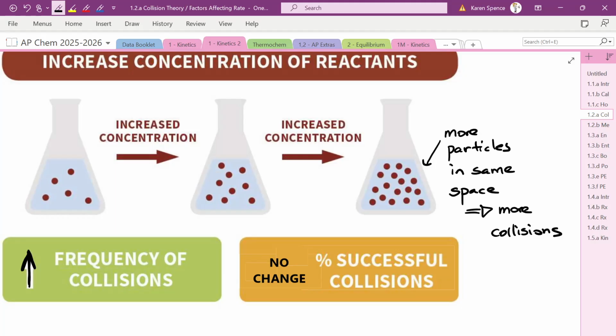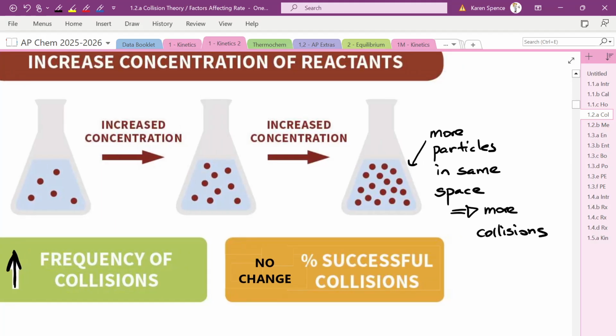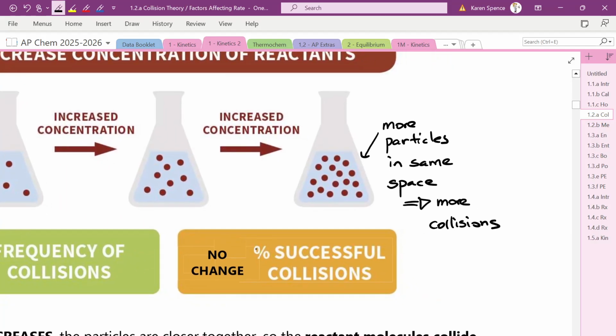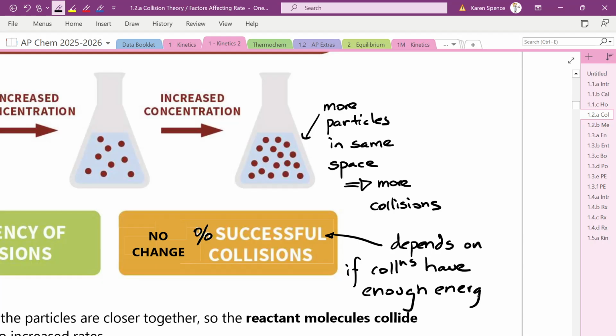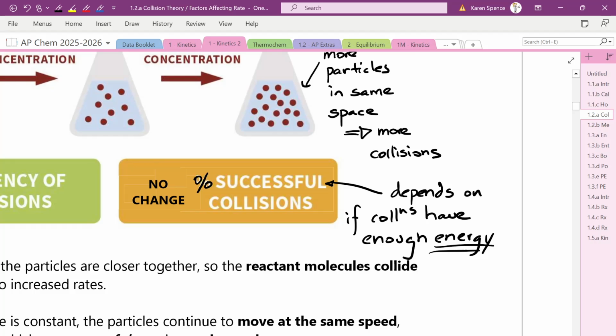Now remember, successful collisions, the percent of collisions which are successful, that's going to depend on whether the collisions have what? Enough energy. And what changes the amount of energy? Temperature, right?